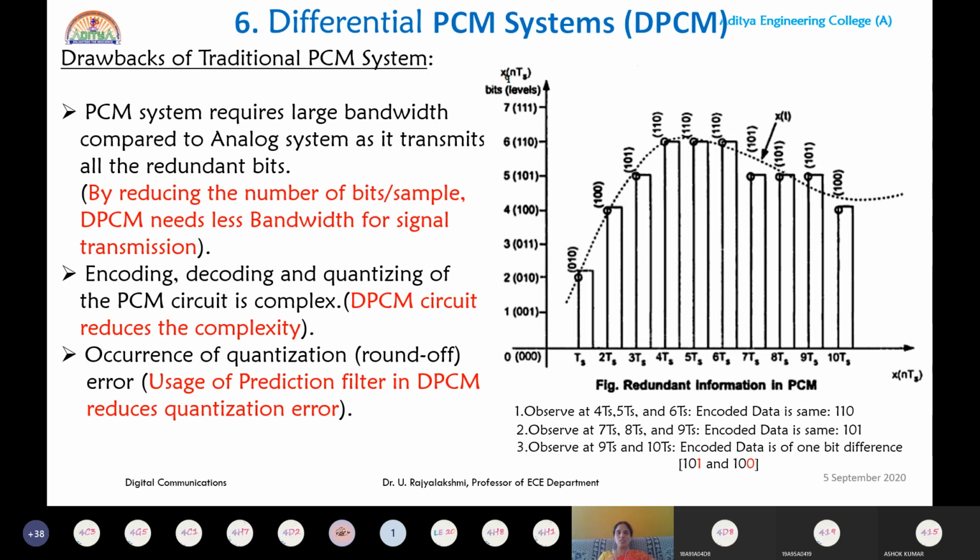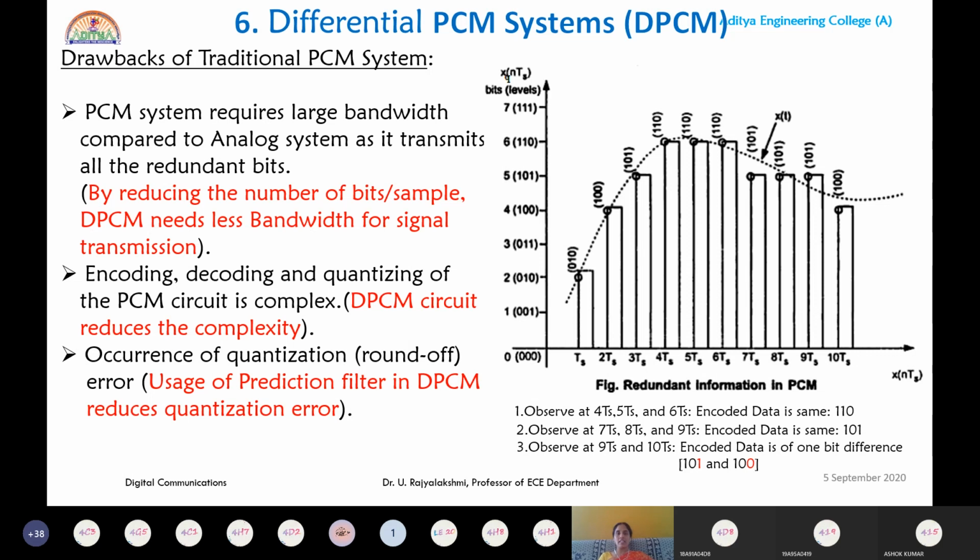And now, please observe the y-axis. What is the y-axis? Quantizer output. Okay, so what is the quantizer output? Xq of nTs. And always please remember that the quantizer output is a discrete amplitude sample. So that's why you have discrete amplitudes shown on the y-axis.